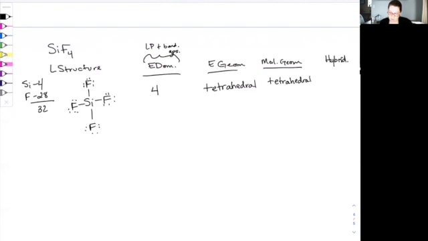Okay. We have 4 things attached, 4 electron domains. So that means that we need 4 hybridized orbitals in order to make those bonds. So that means I need sp what? 3. Okay, this is where my little trick comes in.